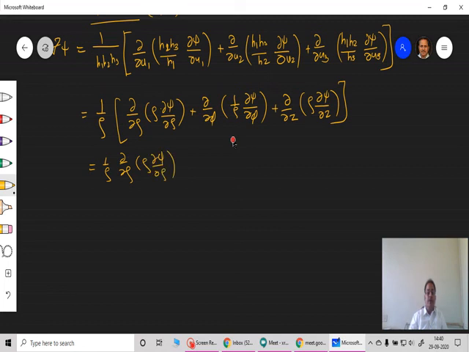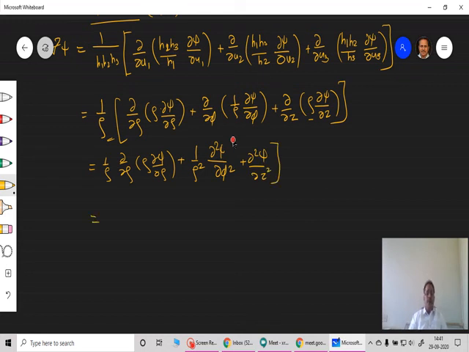This is my first term. Second term is this rho and this rho, that can be taken as a product, so it is rho square, and then it becomes simply ∂²psi/∂phi². And here this rho and this rho can be cancelled, and therefore it is simply ∂²psi/∂z².